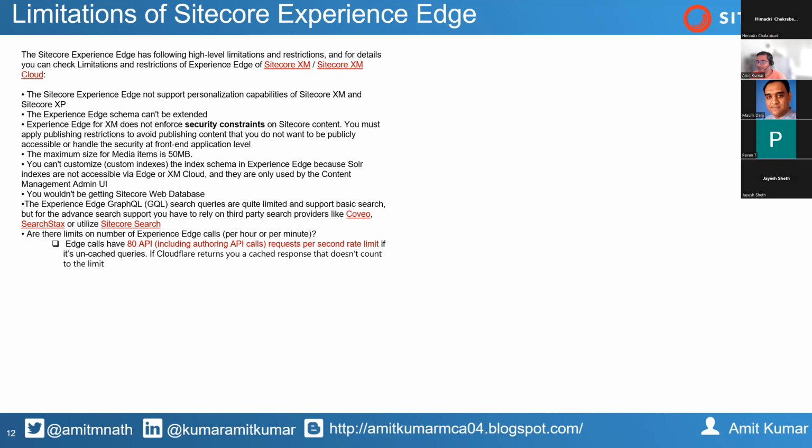If you make a new request to Experience Edge to get data, and that data is not cached, or you have not made a previous query for the same URL, then it will be treated as a new request. So you need to take care of these limitations while selecting Experience Edge and implementing the application.